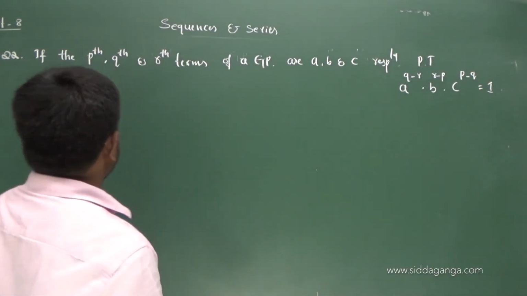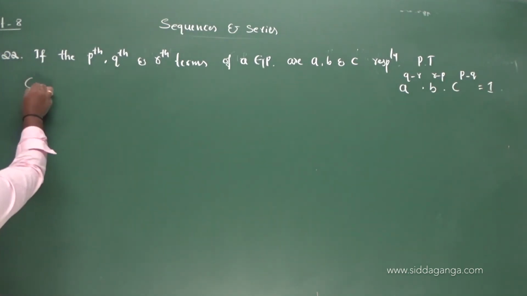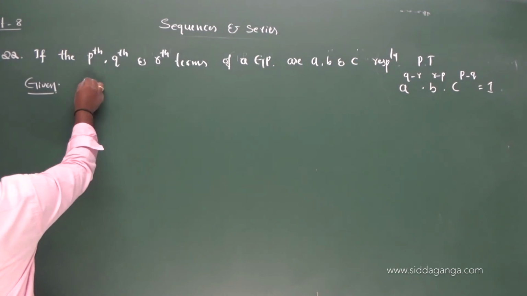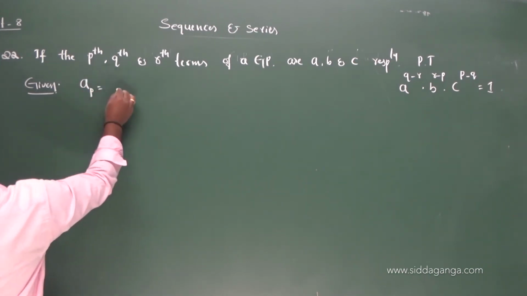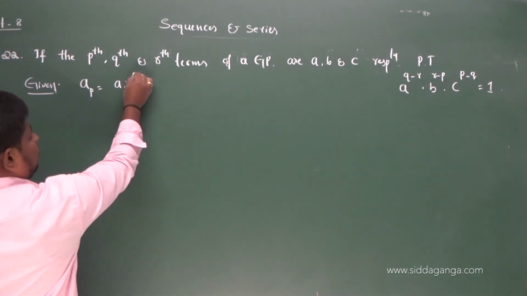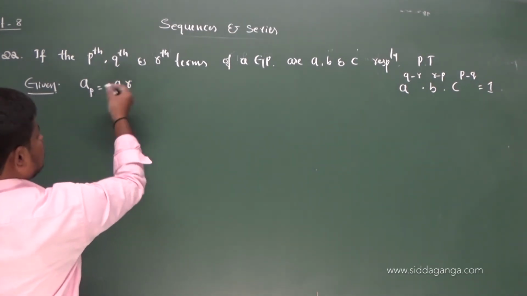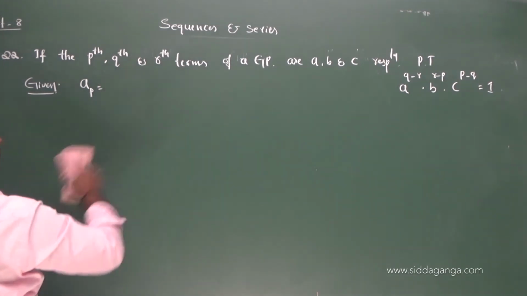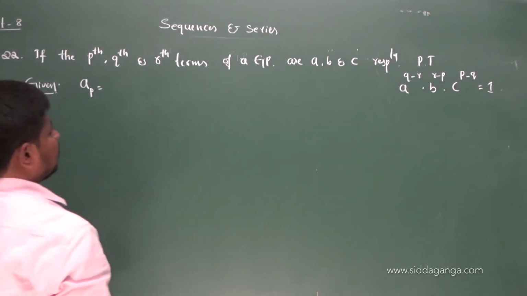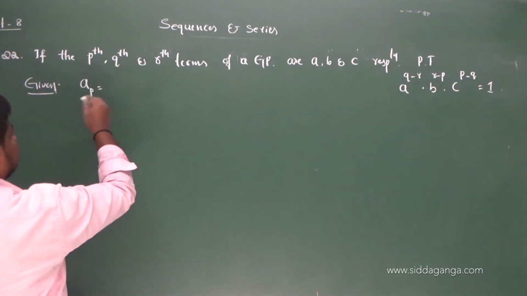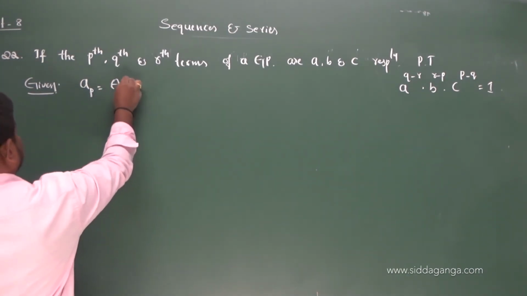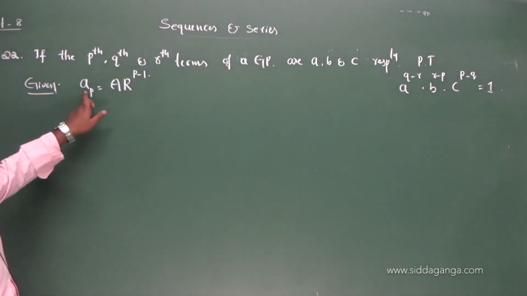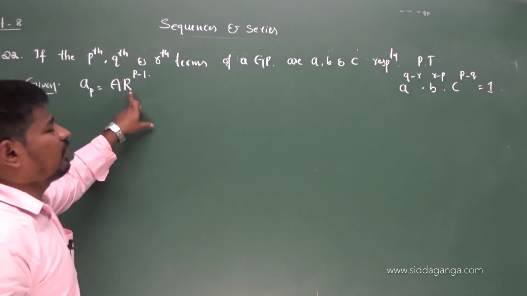In the same way, the pth term is A R power of P minus 1. Better we write like this, because in the LHS we have A, B, C. Instead of small a, I have taken capital letters.